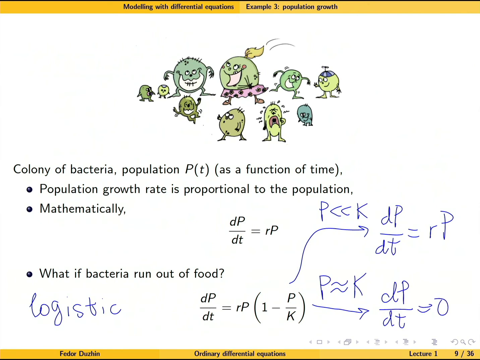And dP/dt equals 0 means that the growth rate disappears, right? So the growth rate is 0, so the growth has stopped, and our population of bacteria becomes constant.